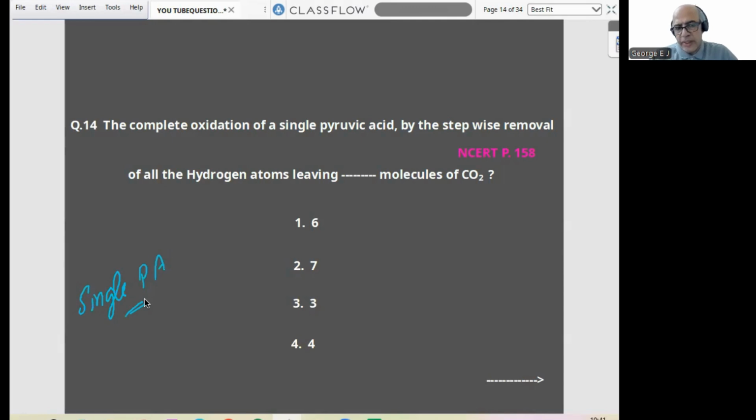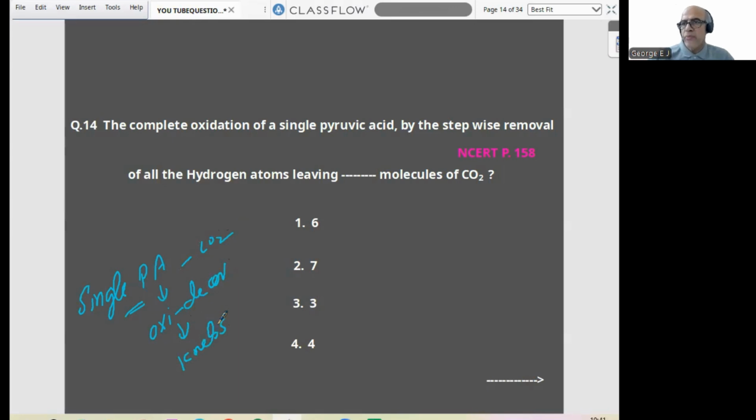Single pyruvic acid by the stepwise removal of all the hydrogen atoms, leaving dash molecules of carbon dioxide. So how many molecules of carbon dioxide are removed? From pyruvic acid, when it enters into oxidative decarboxylation, we can find one carbon dioxide is eliminated. Now it enters into the Krebs cycle.